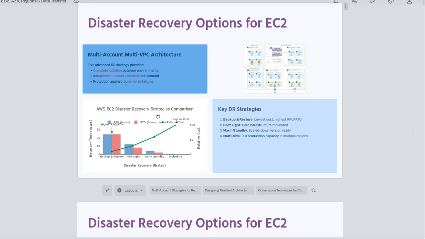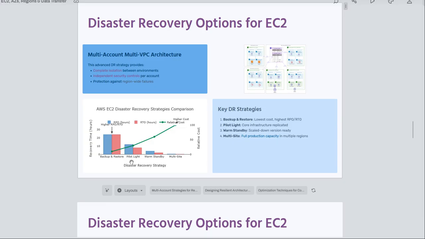It gives you RPO, RTO, and the relative cost. Backup and restore has the lowest cost but the highest RPO and RTO, more than 20 minutes, might be 30 minutes or so.